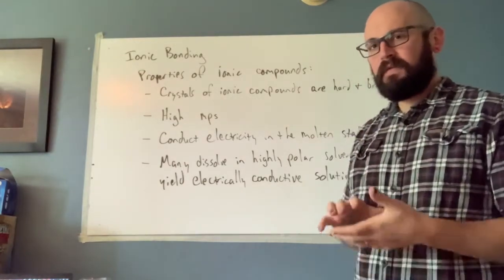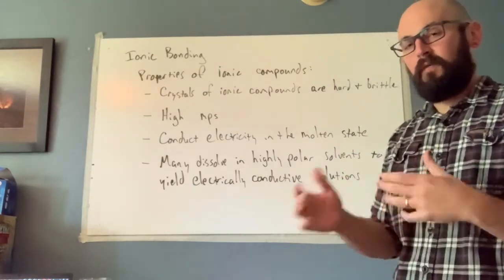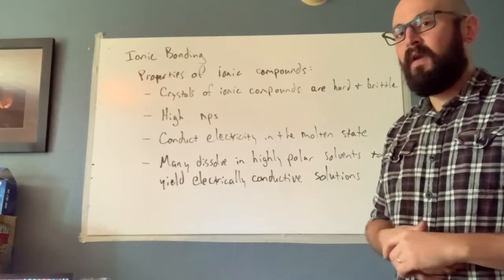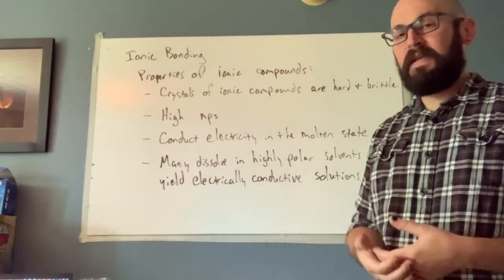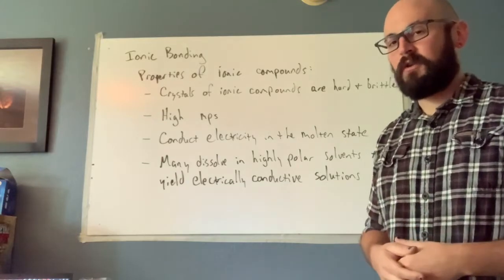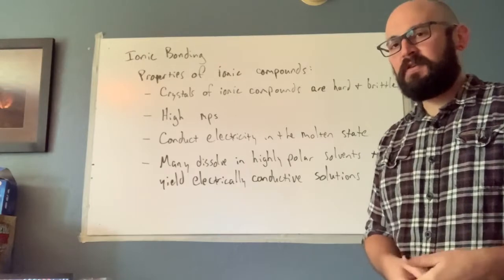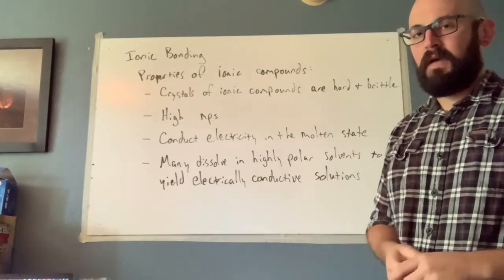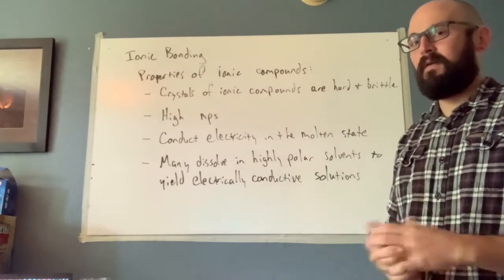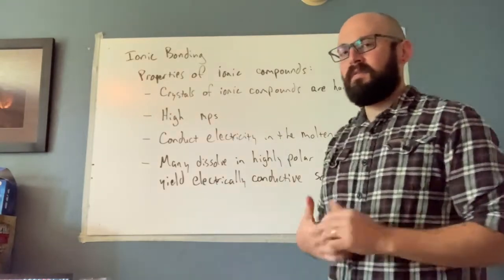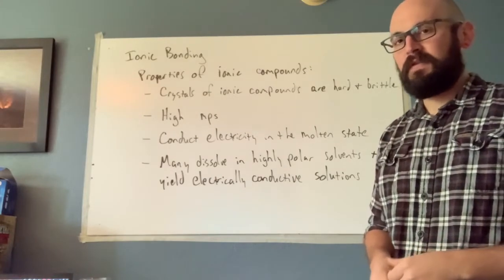For those ionic compounds that will melt upon heating, provided that they don't actually decompose, those that are in a molten state will conduct electricity because, again, we have those charged particles that allow for the flow of electrons through the system. In addition to that, many ionic compounds will dissolve in highly polar solvents, such as water, obviously, in order to produce electrically conductive solutions too.